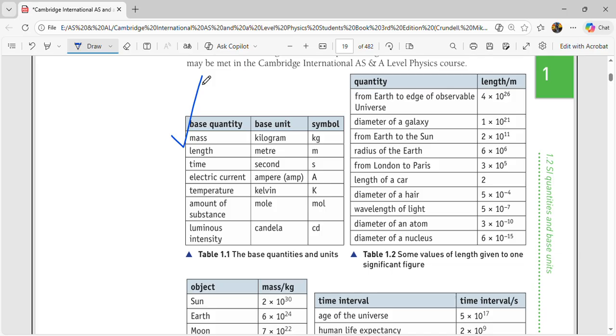You don't need to memorize, but they're showing you that we have some standard magnitudes of these base quantities, like a particular distance from London to Paris, length of a car, the diameter of a hair, wavelength of light, speed of light, like that.